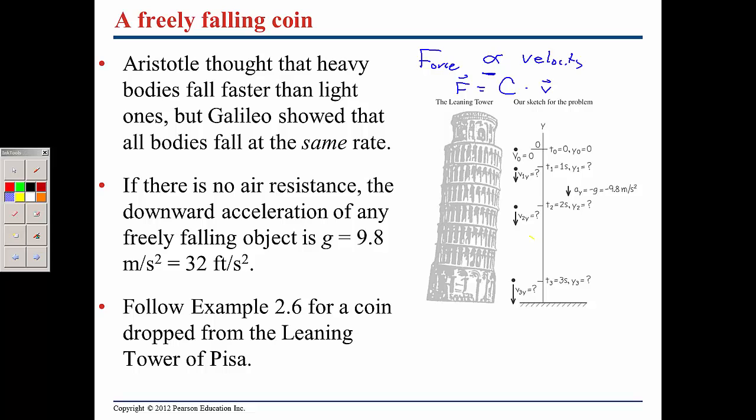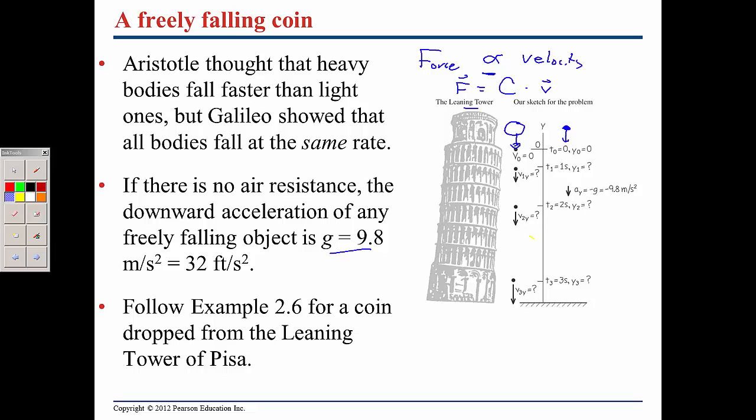But a very smart guy by the name of Galileo conducted an experiment off of the Leaning Tower of Pisa, where he dropped a heavy object off and a light object off, and these two objects he found fell at the same rate, neglecting air resistance, of course.